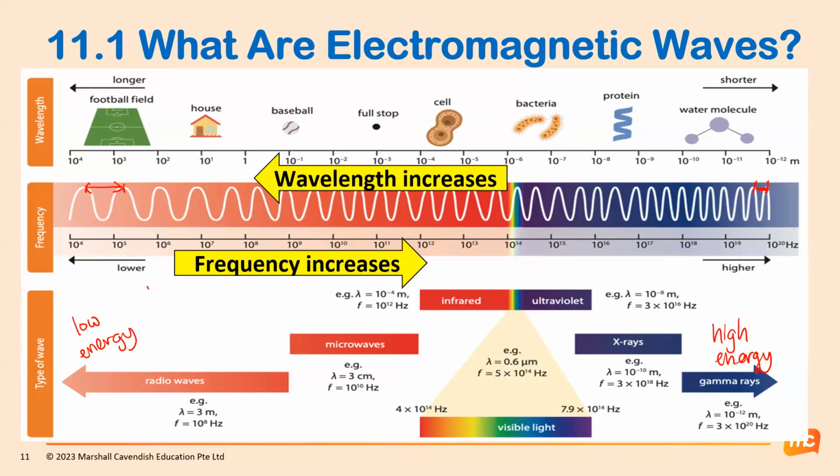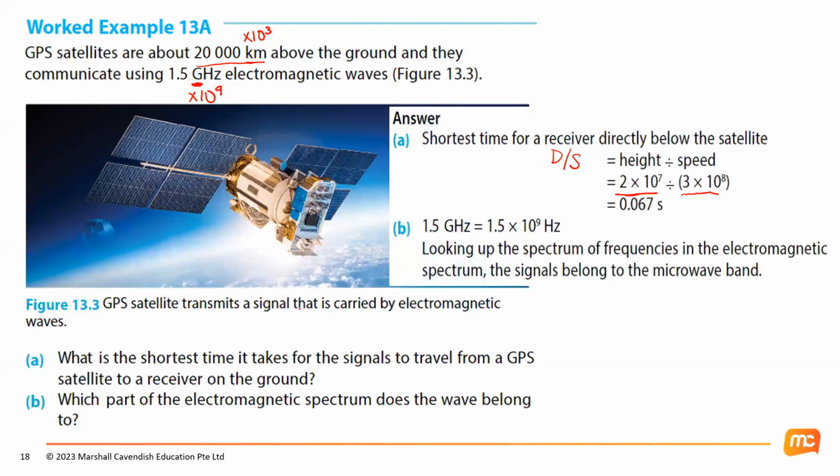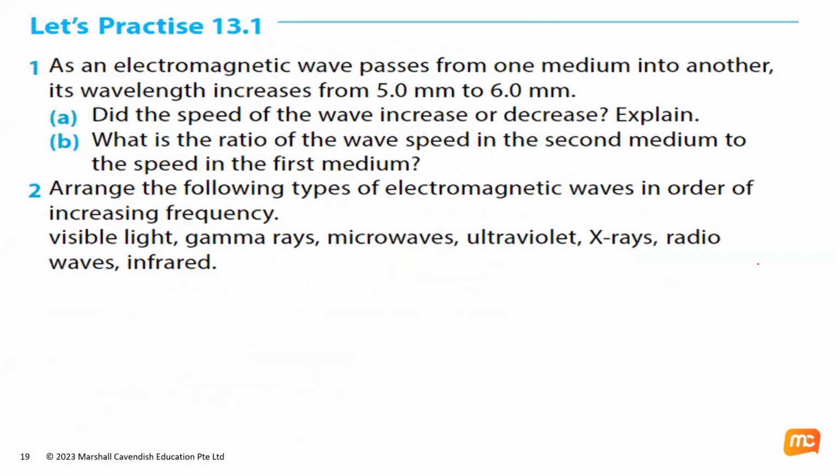You should be able to see it is somewhere in the microwave region, at 10 to the power of 9. It's over here. Okay, so 1.5 times 10 to the power 9 is in the microwave, so it belongs to the microwave section. Next question. Okay, pause.